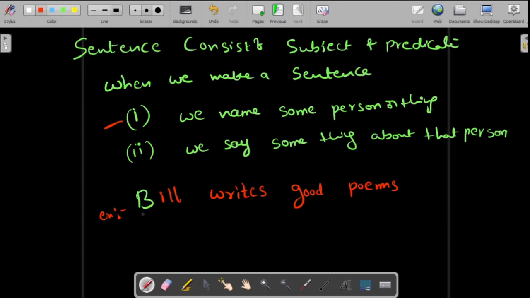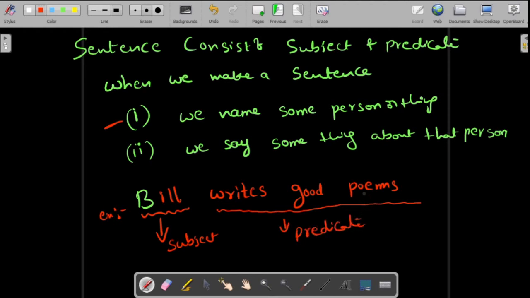Here we named the person as Bill, and in the second step we say something about that person. What we said here about Bill is that he writes good poems. So we can say that this is the subject, and we said something about this subject, that he writes good poems, that is nothing but the predicate.